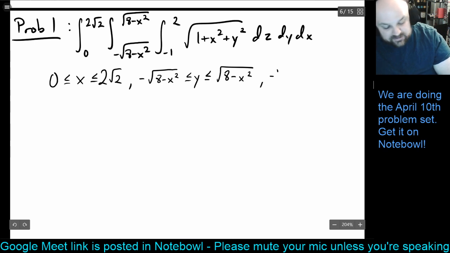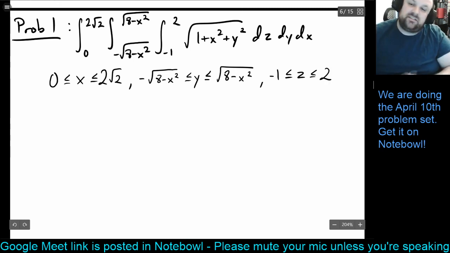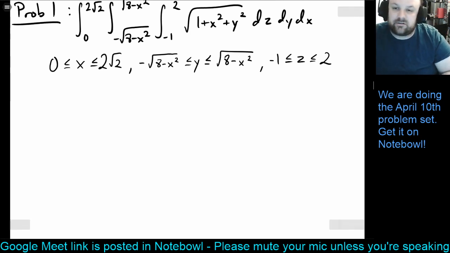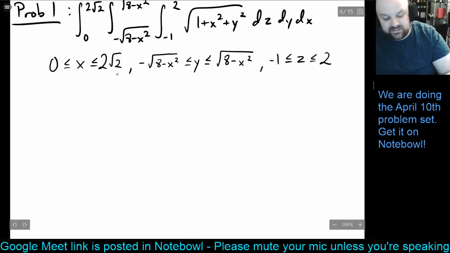And we'll write the one for z as well. So this is what we're working with. Now, what are each of these bounds telling us? Again, let's just focus on the xy plane stuff for now.